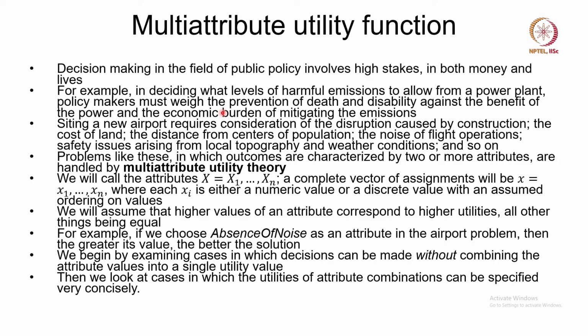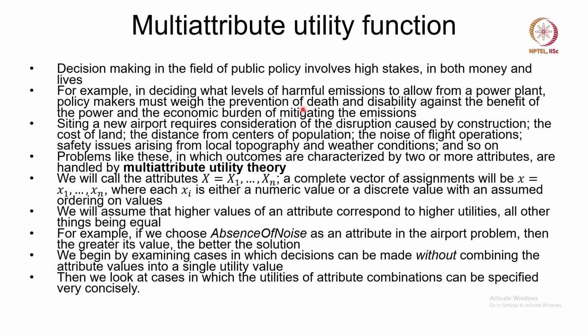So, when you decide what levels of harmful emissions to allow from a power plant, policymakers must weigh the prevention of death and disability against the benefit of the power and the economic burden of mitigating the emissions.